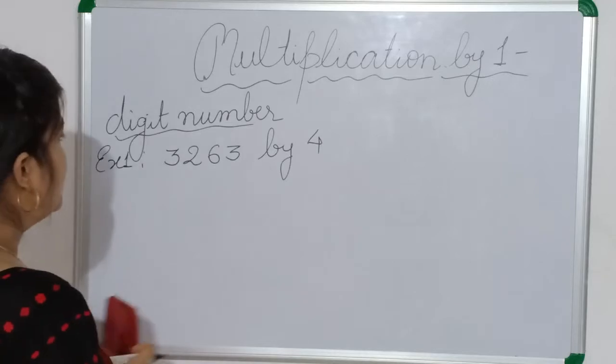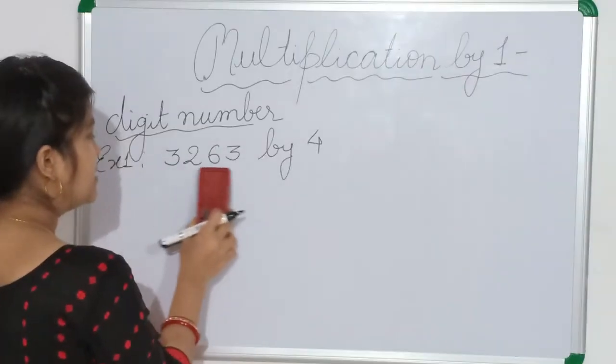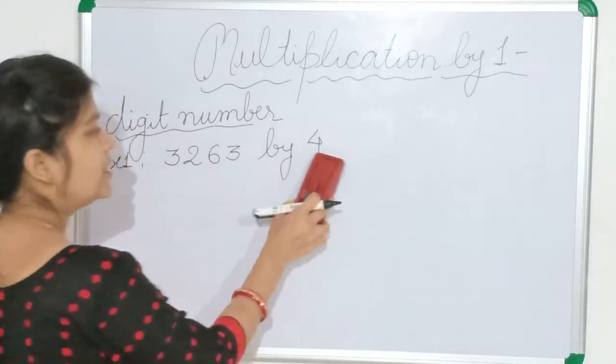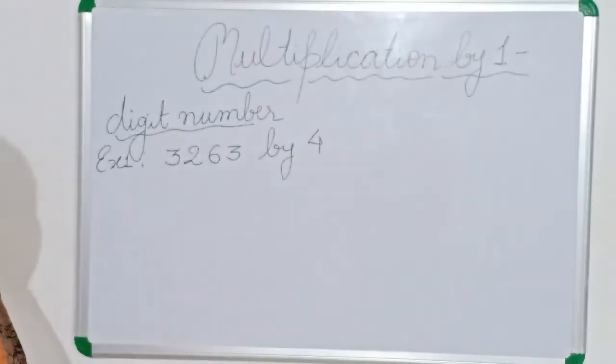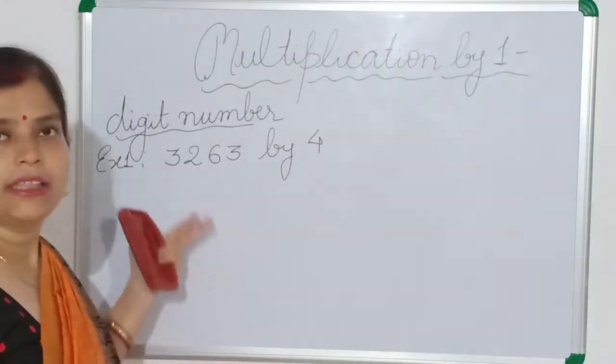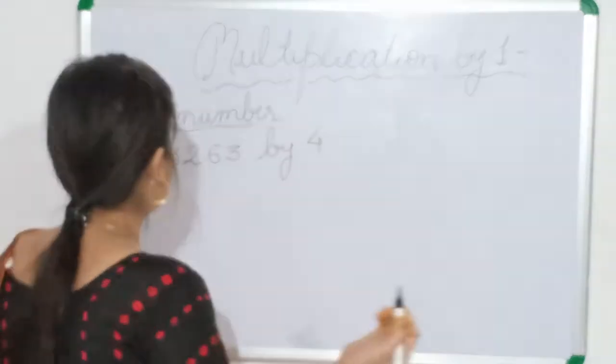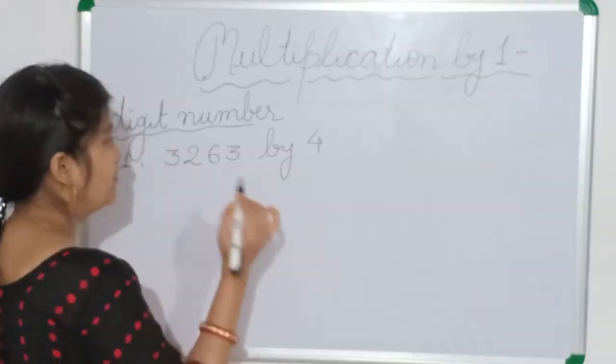Here you can see that this is the multiplicand, and it is multiplied by a 1-digit number, that is 4. For this, first we will arrange this number in a place value table. You know how to arrange the number in a place value table.